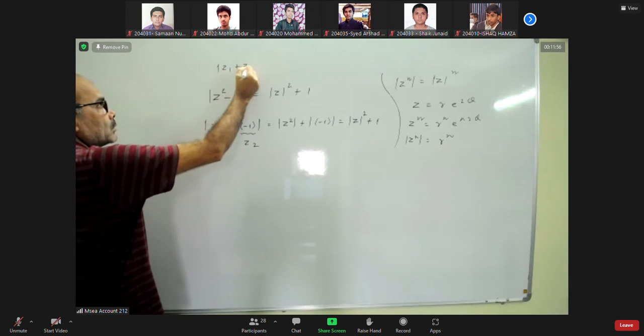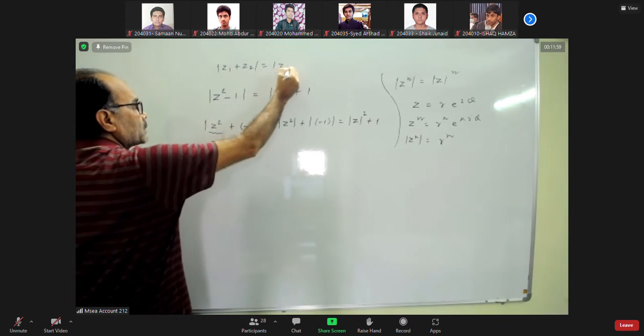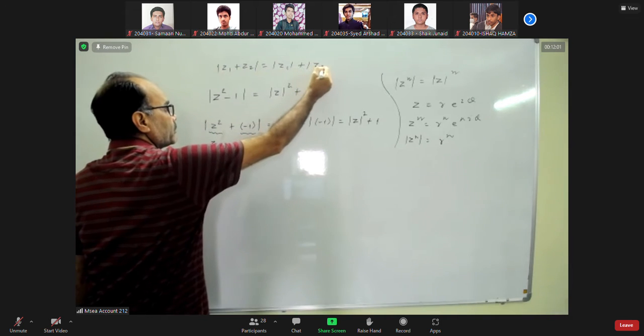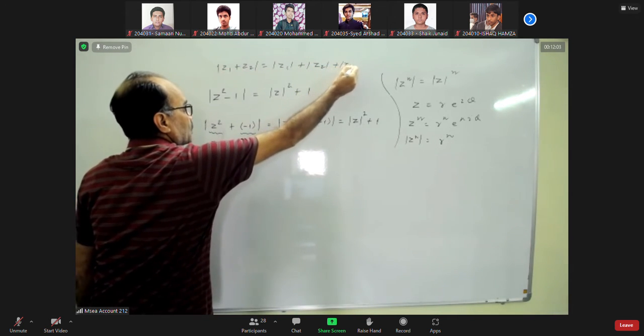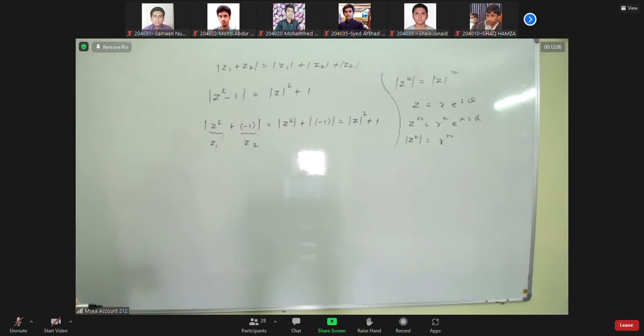z1 plus z2 equal to mod of z1 plus mod of z2, z1 and z2 have same sign. Okay.